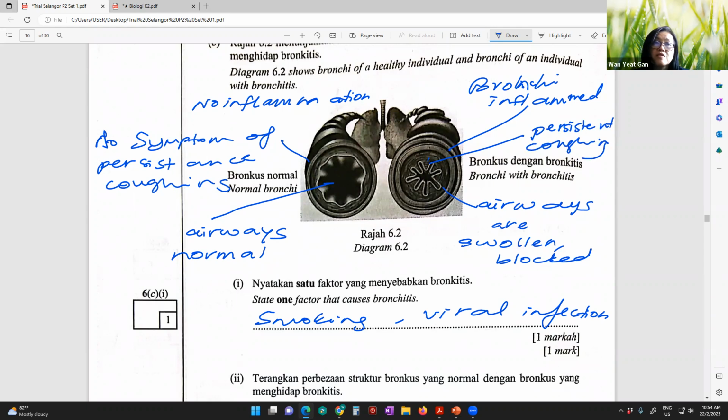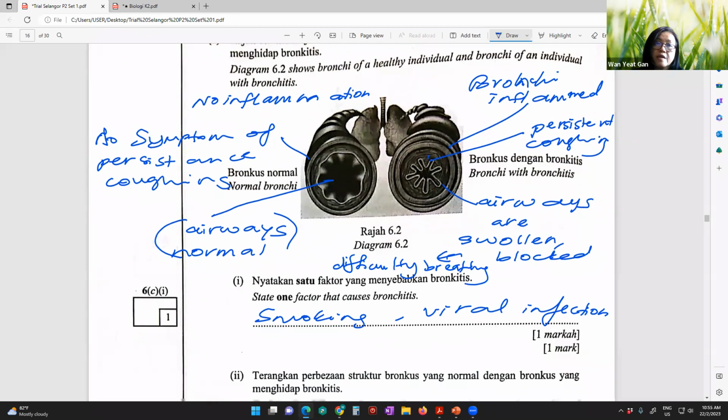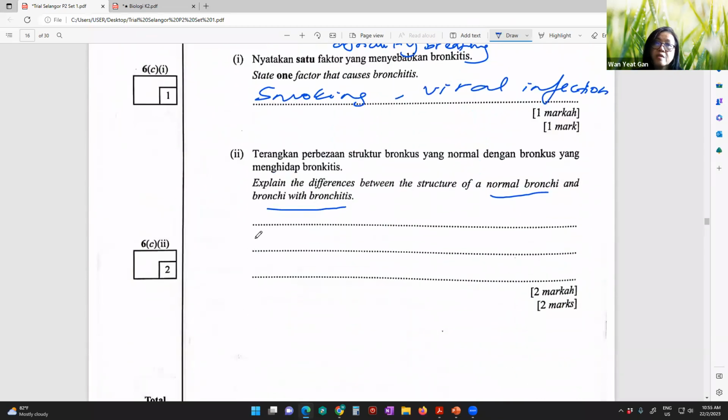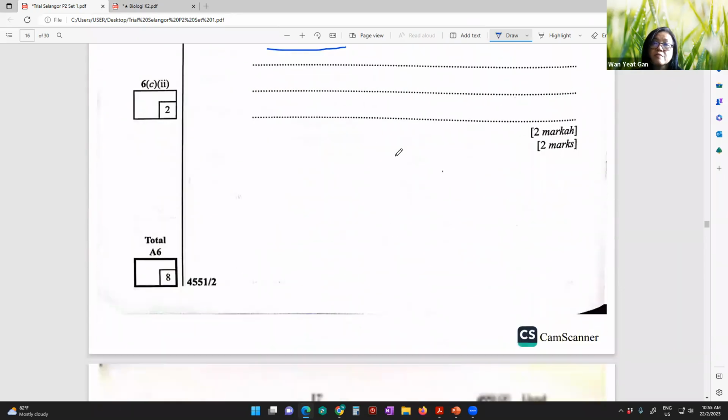Okay, why? Because just now I mentioned that if you have normal airways, your airflow through the passage is not blocked, so you can breathe normal. Whereas a person who has the airways swollen or blocked, then they will have difficulty in breathing. Okay, that is for the differences between a person with bronchitis and a person with normal bronchus.